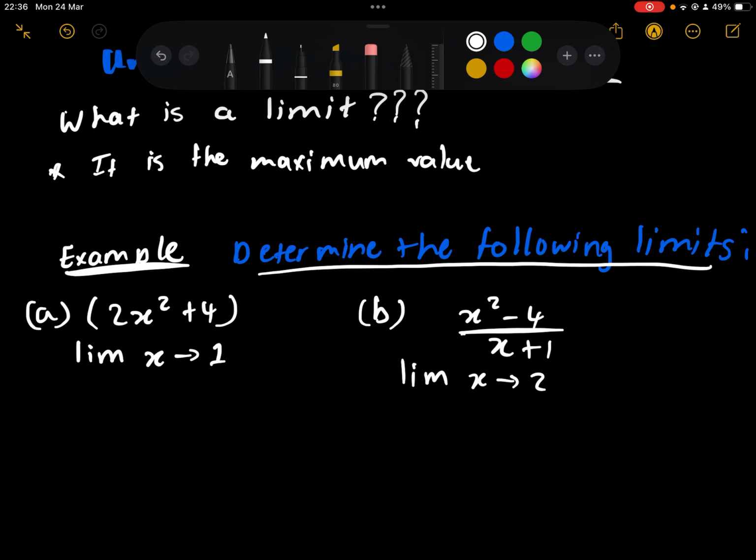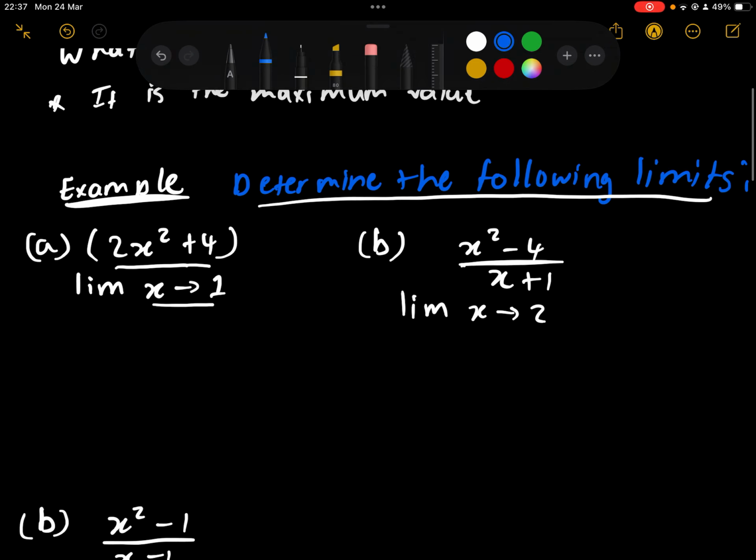As I stated, the limits work for every graph. The graph that we are given is 2x squared plus x plus 4. The limit they said is x is 1. So where you see x, you will put 1, to determine the y limit.